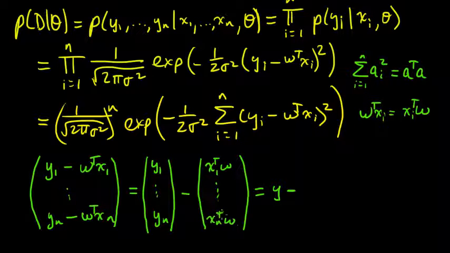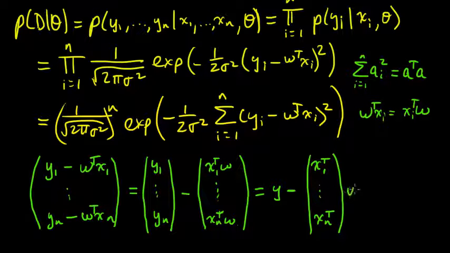So these are now xi transpose w. And we can pull out the w here. So this we can write as the vector of x1 transpose down to xn transpose, times w.